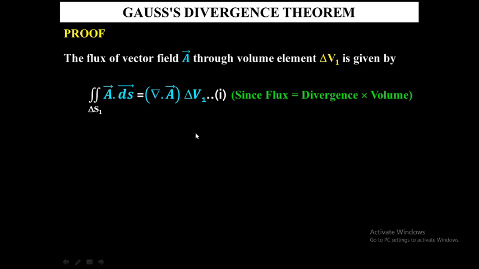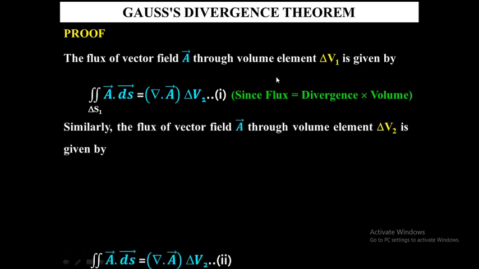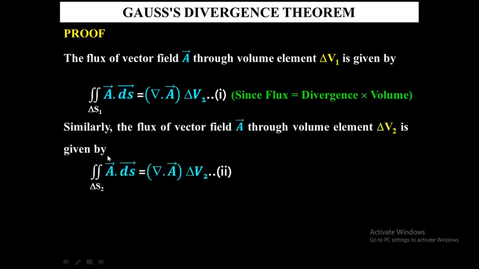Similarly, the flux of the vector field through the volume element delta V2 will be the surface integral of the vector field over surface area delta S2, which is equal to the divergence of A times the volume element delta V2. Similarly, suppose there are n volume elements.